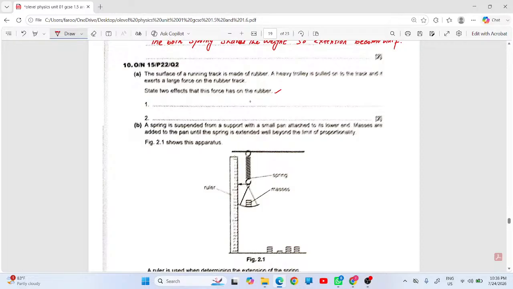Force can change size, shape, and volume.